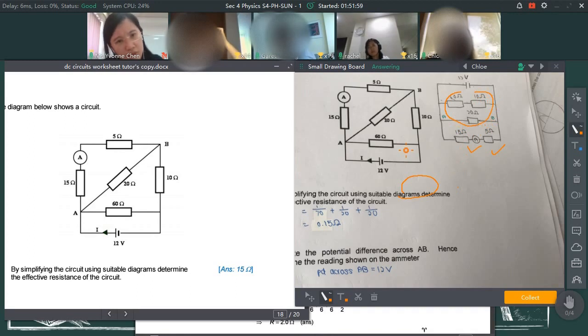Chloe, actually, your circuit diagram is not really correct.